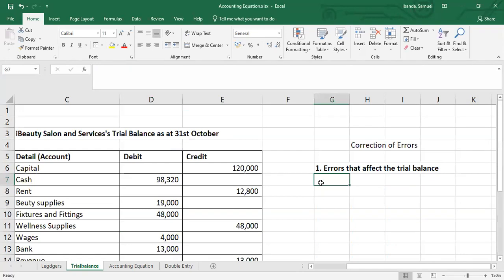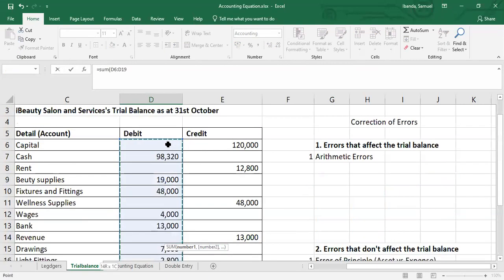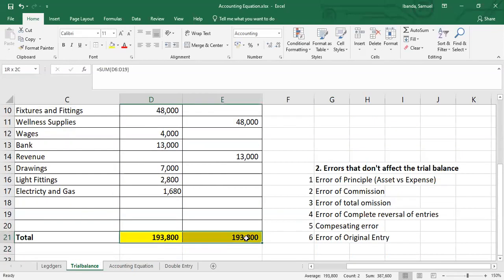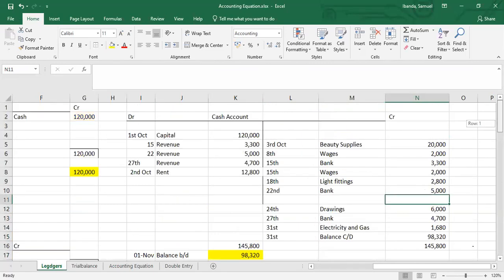Now, one, we can have arithmetic errors. You get it? And I'll just leave this as it is so that we are able to learn through. So you can see our totals are balancing, and they are balancing because we've done our arithmetic rightly.